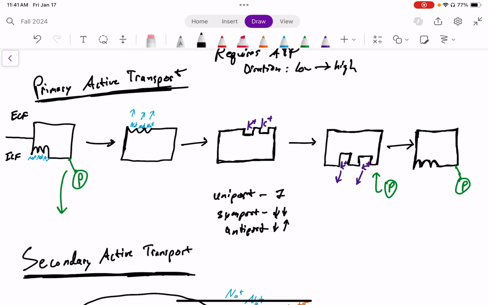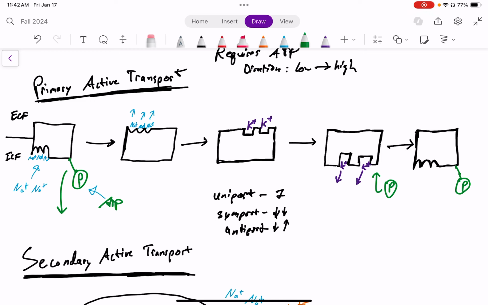And the way that this works, and the example that I have here is the sodium potassium ATPase pump, where you have sodium here in the intracellular fluid. It comes and attaches to the pump, and that causes a conformational change, and it requires the use of a phosphate group right here, which is produced from ATP, and it causes a change which then expels the sodium.